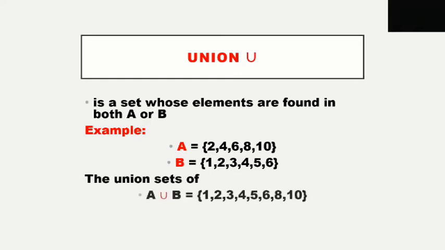The union of sets A and B is the combination of all elements of both sets. So each element of the union can be found in either set A or B. 1 is from B, 2 from B and also A, 3 from B, 4 from both A and B, 5 from B, 6 from B and A also, 8 from A, 10 from A also.